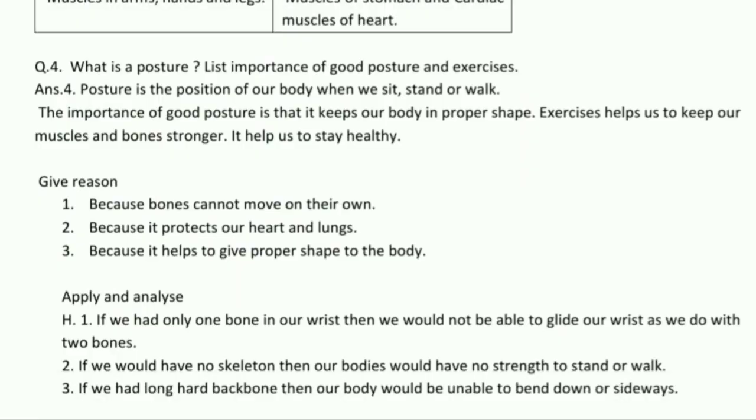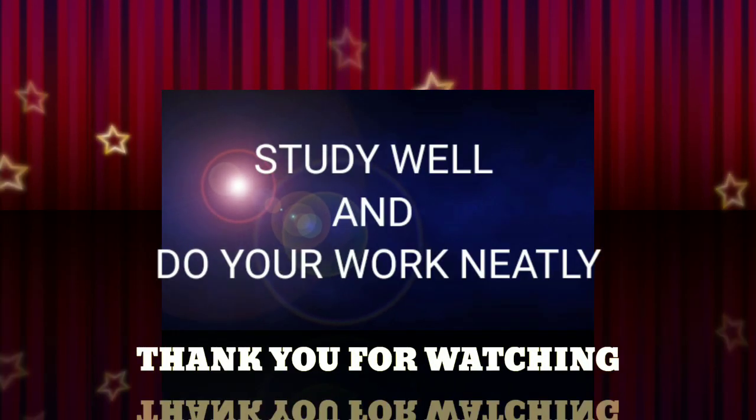The answer is, if we had a long hard backbone, then our body would be unable to bend down or sideways. So it would be very difficult for us. So the skeletal system is a very important part of our body.